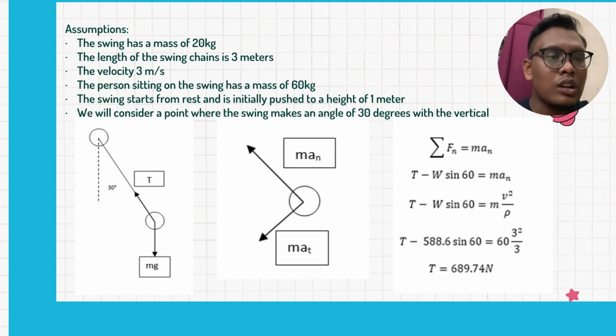So when we get this, we can write T minus weight sine 60 degrees equals m a_n. We want to find T, the tension. So we need a_n, which equals velocity to the power of 2 divided by rho.